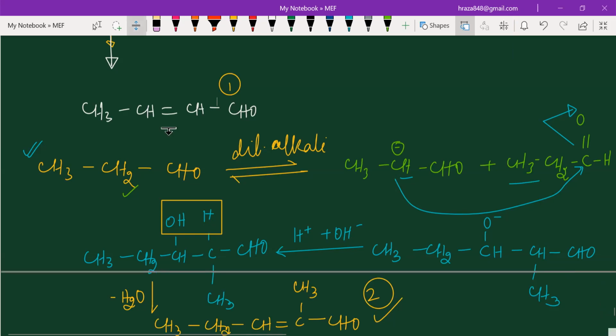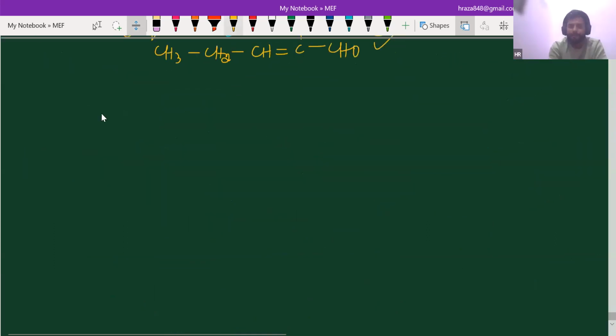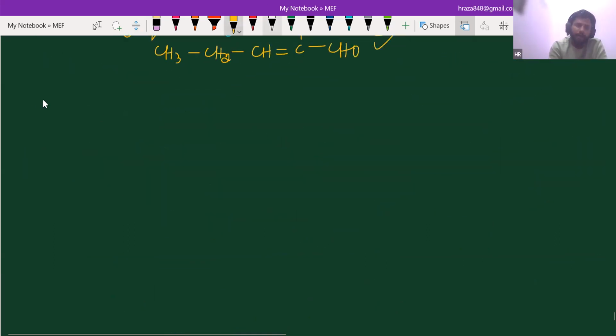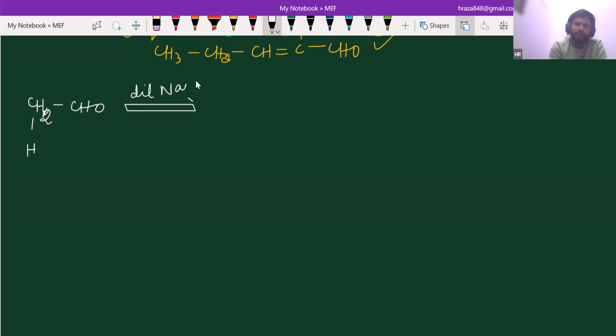Now for the third product, it's very easy. Now see how the third product forms. I'm going to take this ethanol first and make it a nucleophile, ethanol in the presence of dilute alkali, that means dilute NaOH. It's very easy.